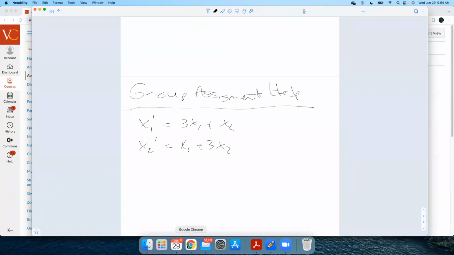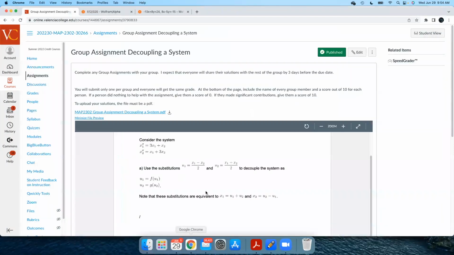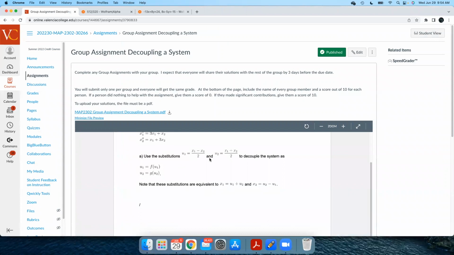And we're told to use these substitutions. I know that we can use these substitutions because I've worked the problem out ahead of time. By the way, you could do these in the other order and it still works.